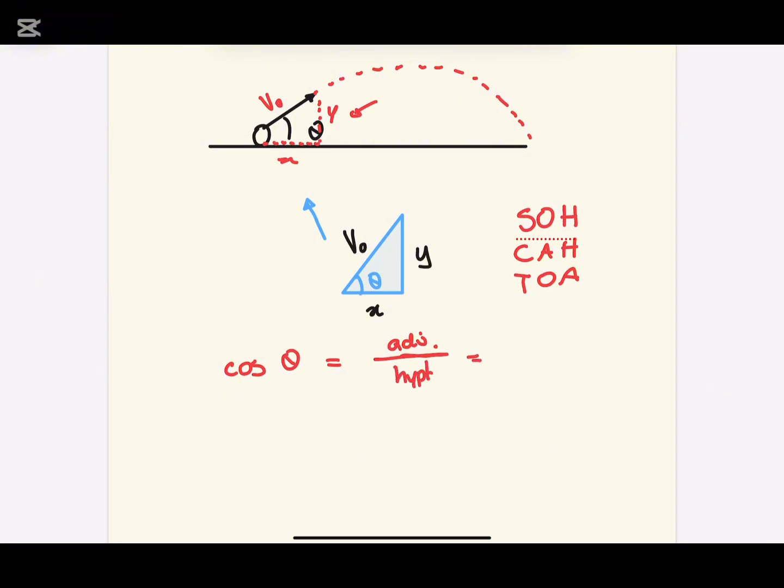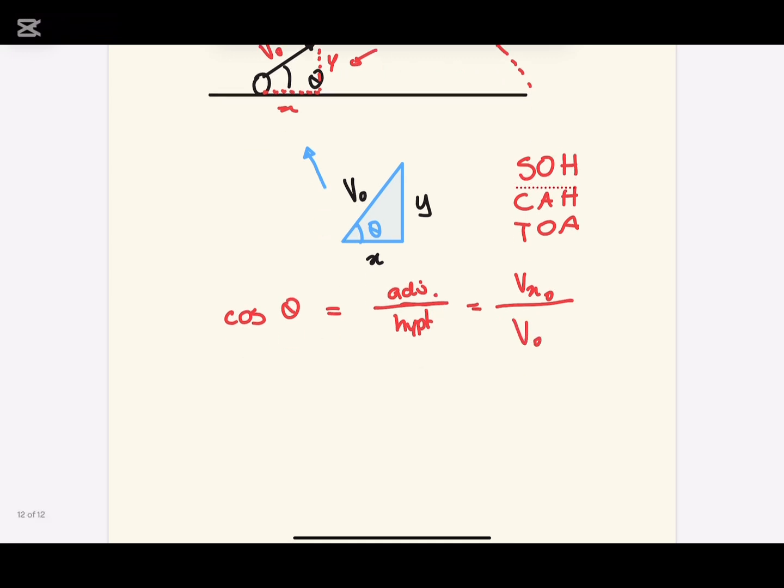If we apply this to our triangle, the adjacent would be the velocity initial in the horizontal direction, and the hypotenuse is the initial diagonal velocity vector.